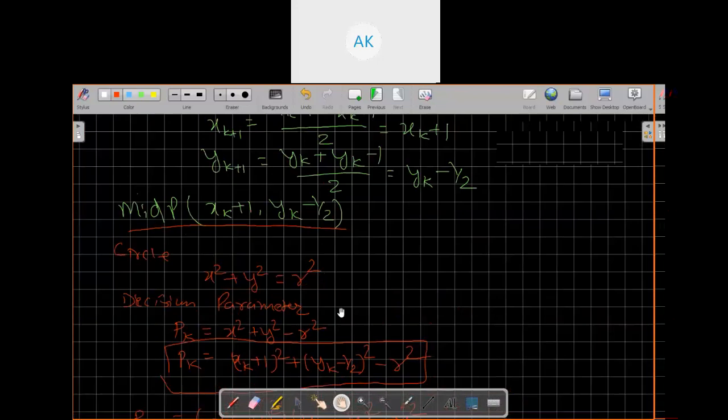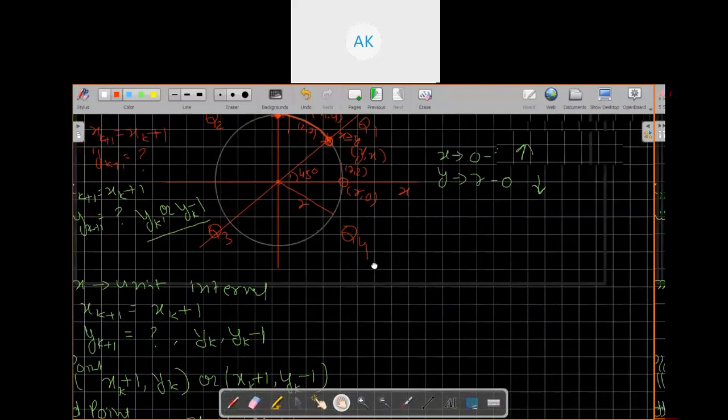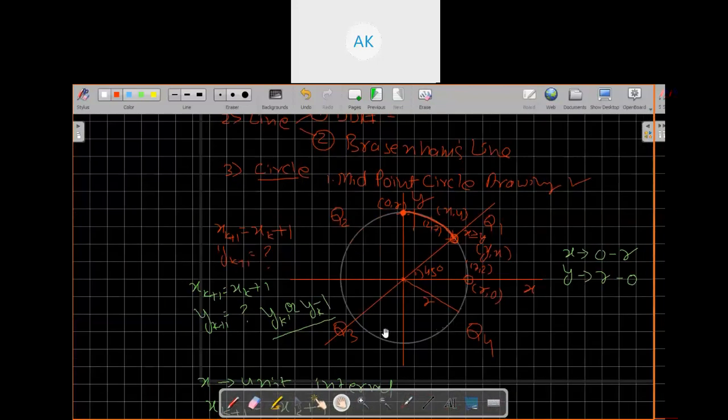I'm just going to explain again what we have done in this midpoint circle algorithm. As you know, the property of a circle follows symmetry. So we just calculate the first octant. There are 8 octants: this is your first octant, octant 2, octant 3, octant 4, octant 5, octant 6, octant 7, and octant 8.